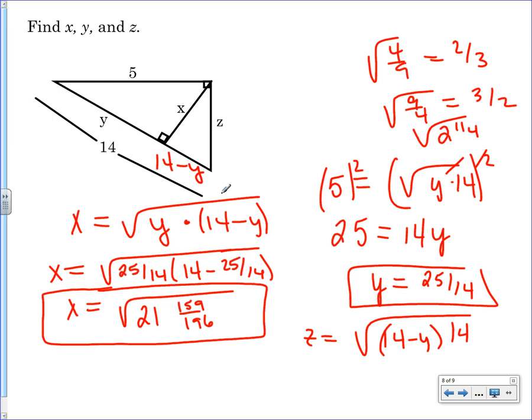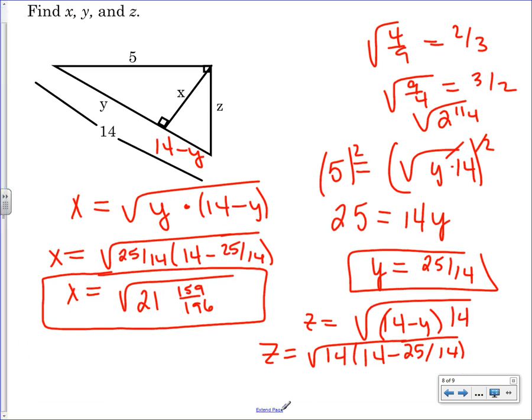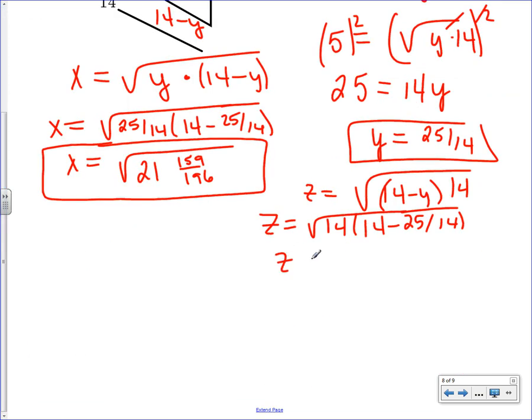Some people prefer it that way, but it doesn't matter. I'm going to go ahead and replace the Y with the 25 over 14 from before. So Z equals, I'm going to put the 14 in front. Most people like it better that way. So 14 minus 25 over 14. Again, it's doable without a calculator, but most people probably should just use a calculator. And that's fine. So find Z.